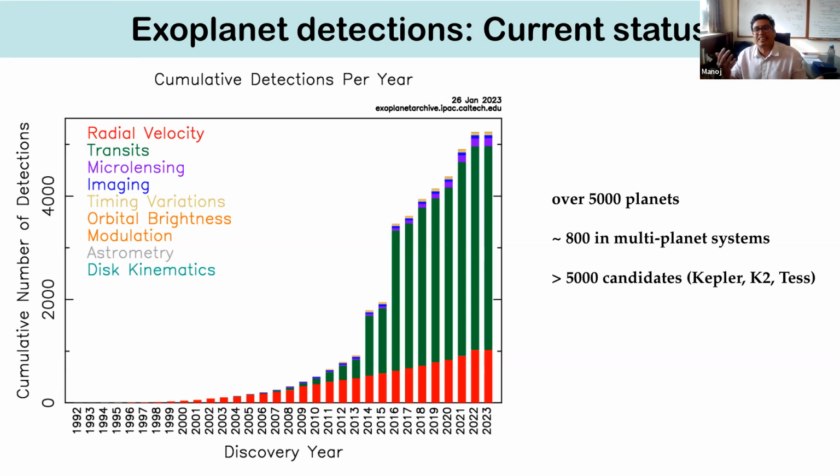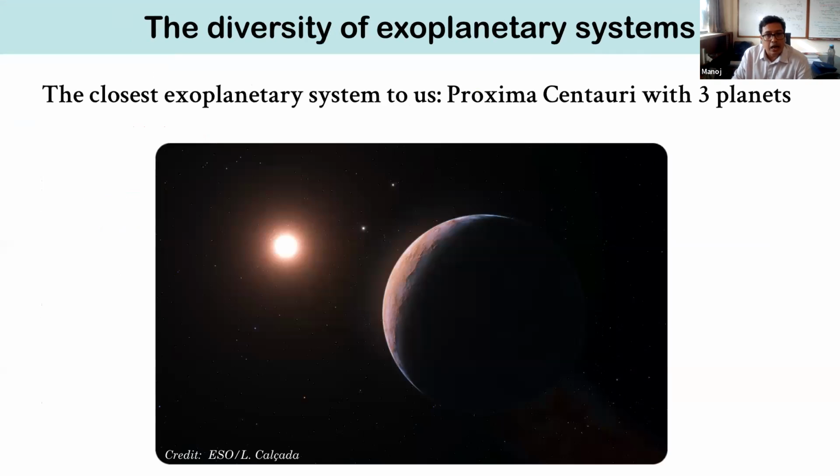So there are various things that we can look for. How do planet properties depend on the stellar host star properties, and what's the distribution of planet radius and planet mass around different stars, etc.? But what we immediately realized was that there is a large diversity in the planetary systems that we have been discovering in the last 30 years.